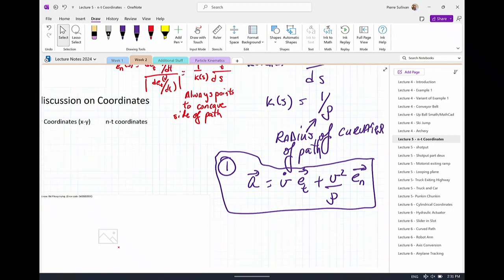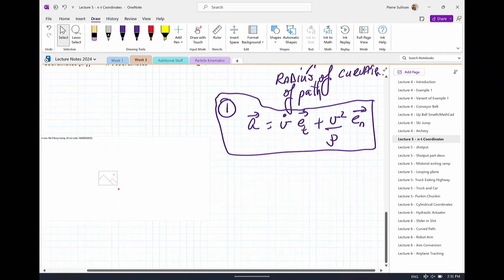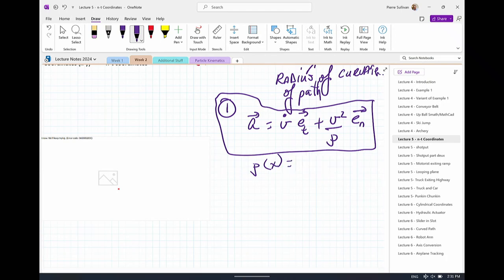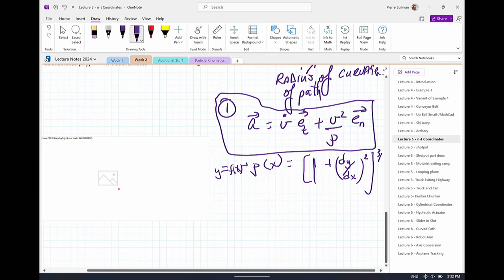Now, one thing that I kind of throw in there is that if you have y as a function of x, you can get the radius of curvature.